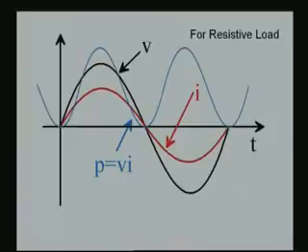And then again at the 180 degree point voltage and current have become 0, power has become 0, and then further on both voltage and current become negative. So, the product of that is still positive, and therefore, the power waveform continues to again rise up and become positive.